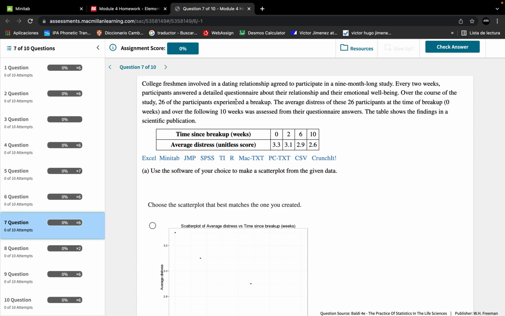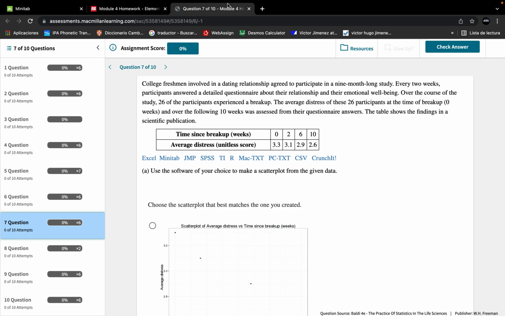Over the course of the study, 26 of the participants experienced a breakup. The average distress of these 26 participants at the time of breakup, 0 weeks, and over the following 10 weeks was assessed from their questionnaire answers. The table showed the findings in a scientific publication.